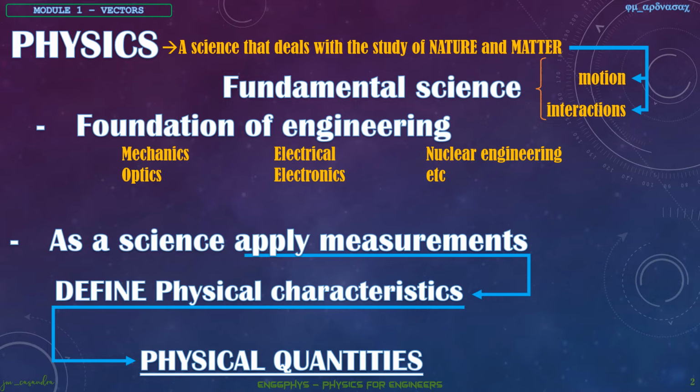For example, we have the size and the length. How big is it? How long is it? How small? How heavy is it? When we define those, we use physical quantities.